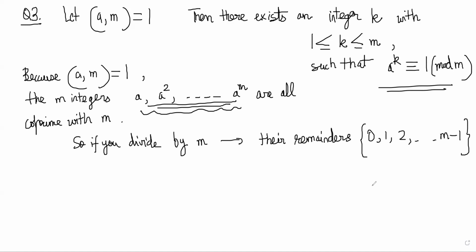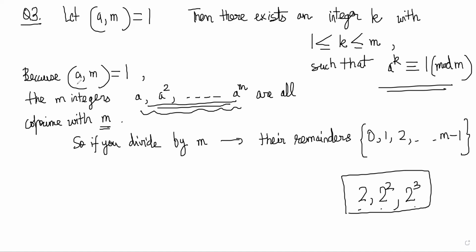So we can construct 2, 2 square, 2 cube. All of these three integers are co-prime with 3. Now, what is the residue system that we get from these three integers? I'm just picking m is 3 and a is 2, which satisfies the condition.